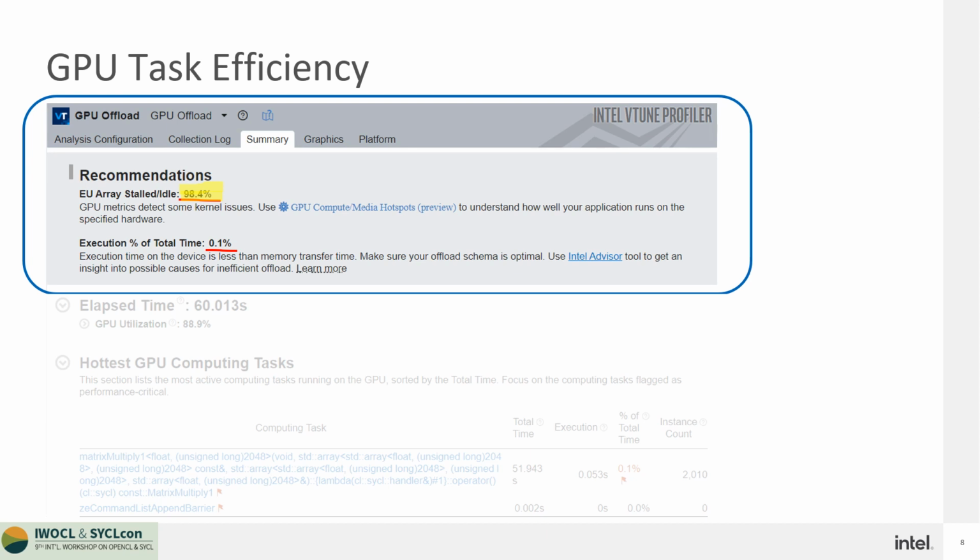Also, it noticed that the execution time of the task was extremely small compared to the memory transfer time. And you probably need to take a look into the data transfers during the execution.